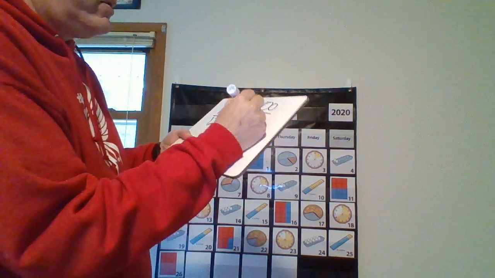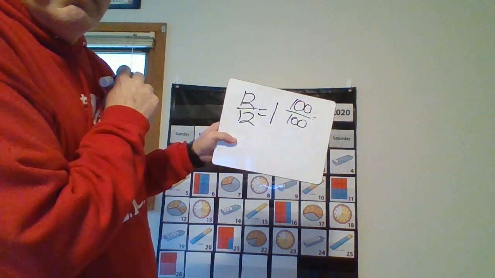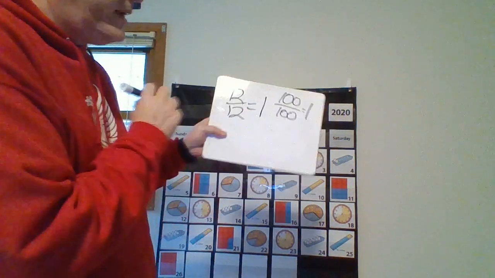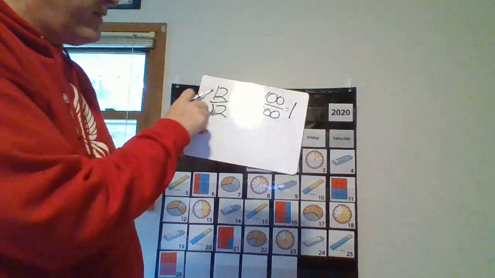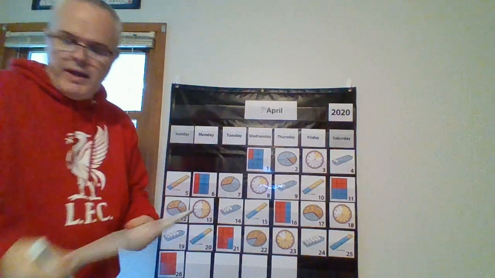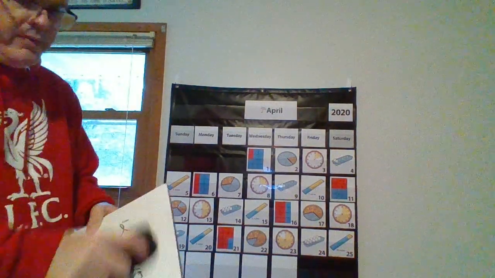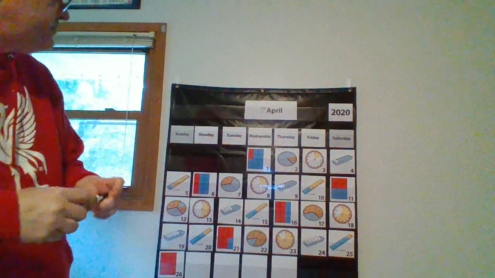100 over 100 would equal what? Right? 1. It's the whole. We're counting for every piece of pizza here, or every part of our array on this one right down here would be 12 out of 12. Okay? So what might we expect to be the next one?